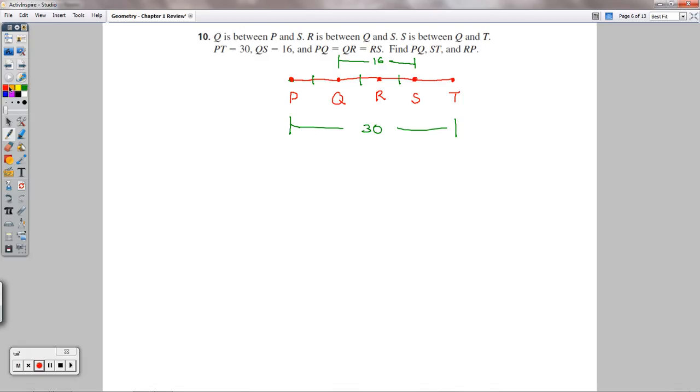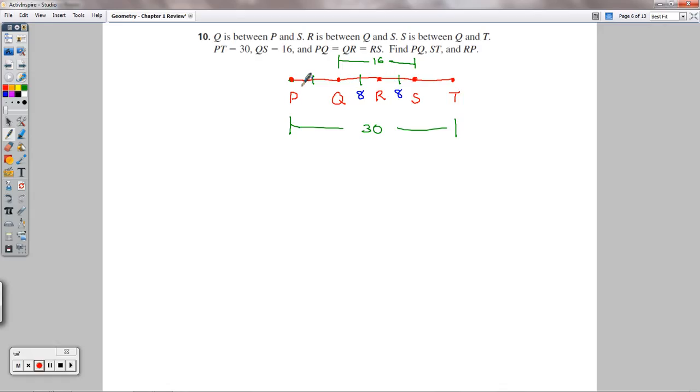So it seems to me that now that we've got the information labeled correctly, this is actually going to be a pretty easy problem, because if I know that Q to S is 16, and I know that this is congruent to this, I know that this has to be 8, and this has to be 8. They're congruent, they have to be the same. 8 plus 8, 8 times 2, in other words, equals 16.